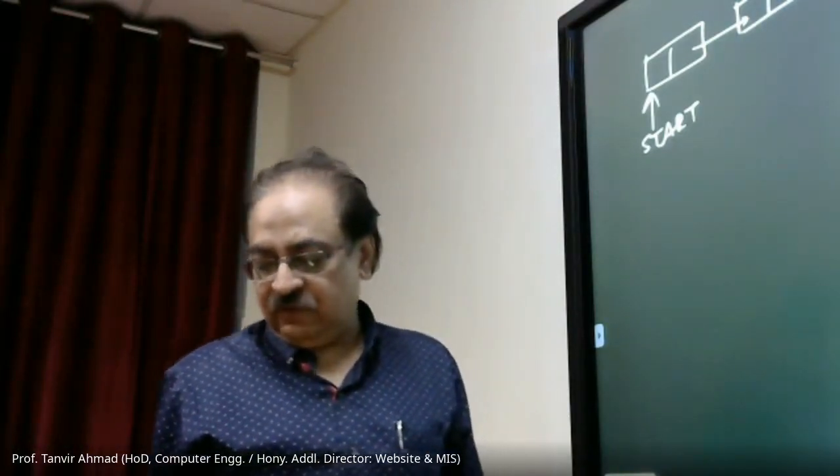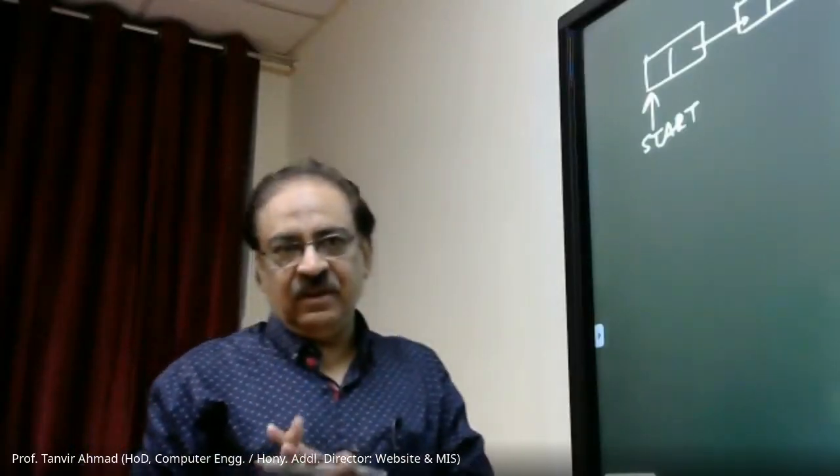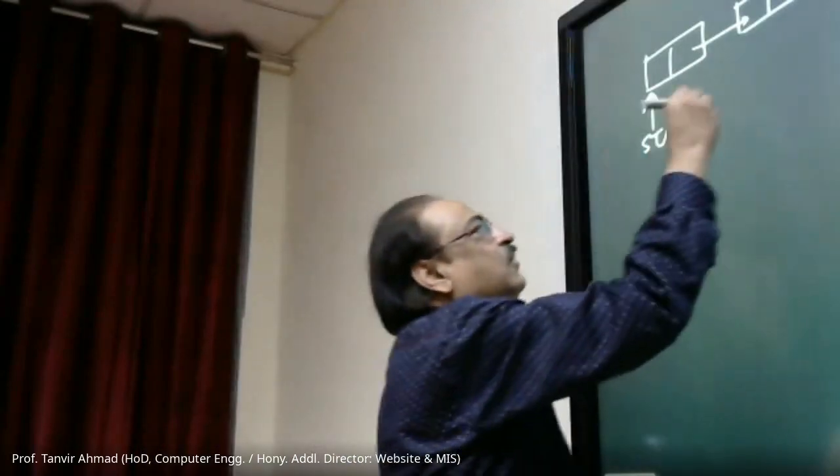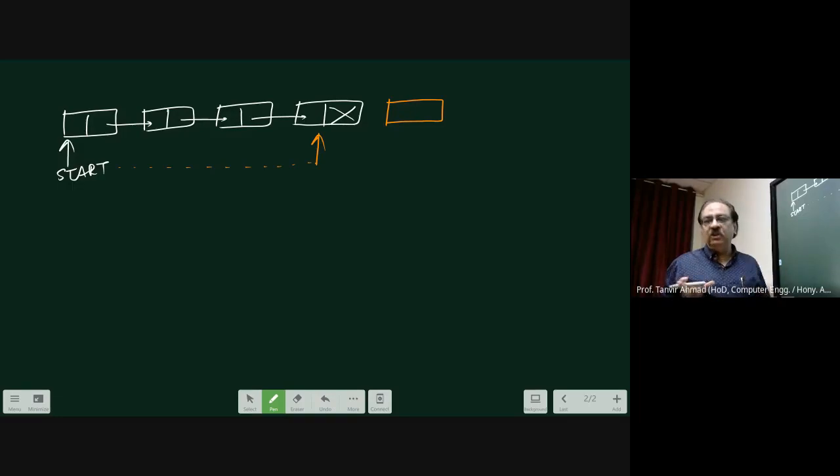Therefore, what you have to do is you cannot add a node from here until you reach to the last. That means this start has to be traversed such that it has to reach over here. You have to traverse the start from first to the last, and then only you can do. Now that means the algorithm will be done.